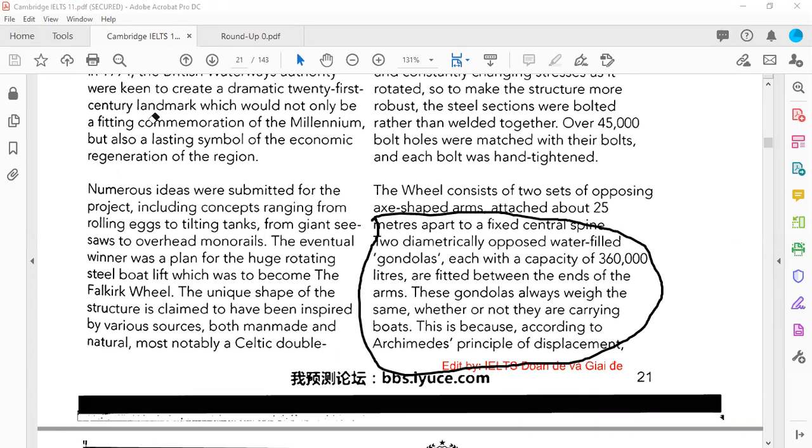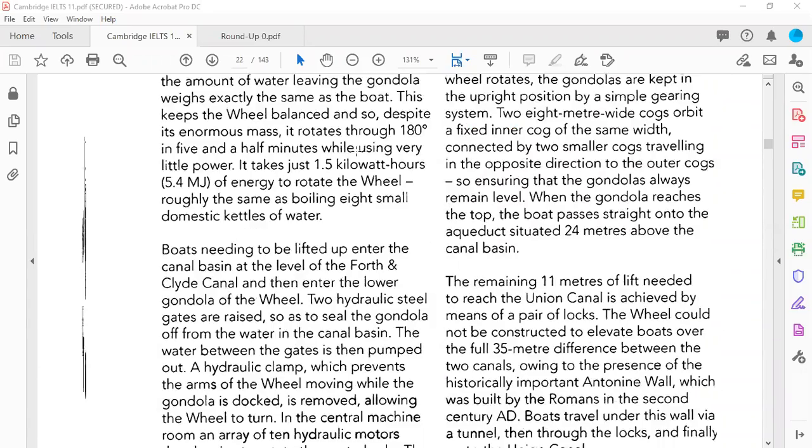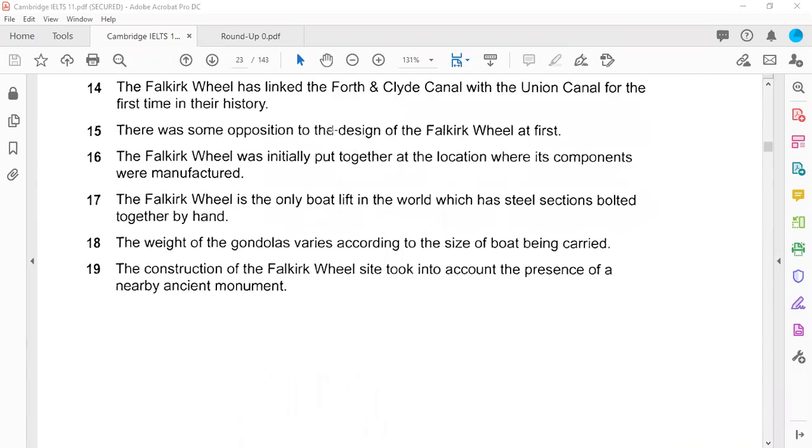I think false, because here it says each with a capacity, and then it goes further and says these gondolas always weigh the same, whether or not they are carrying boats. So they always weigh the same, whether that's one boat or two boats or no boats. They don't vary.